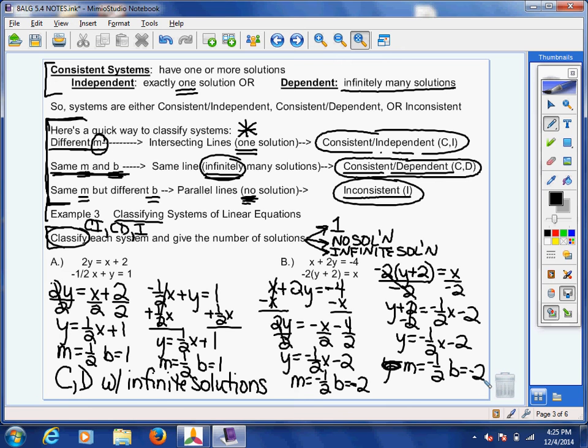So how would I classify that? Well, like I did in the first one where we had the same slope, same y-intercept, I'd say that's a consistent dependent with infinite solutions. Just like that. So that was weird where they both were the same. That doesn't usually happen, but it did this time.